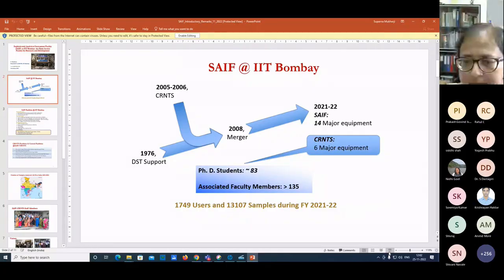In this SAIF facility, we have 14 major equipment. And in CRNTS, we have some IIT Bombay central facilities, which are 6 major facilities. In CRNTS, we also have PhD students working in the area of nanoscience and nanotechnology.